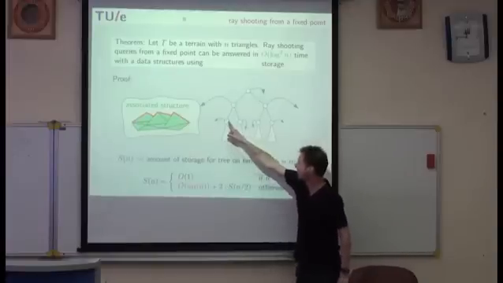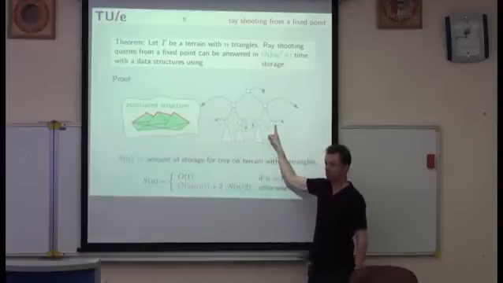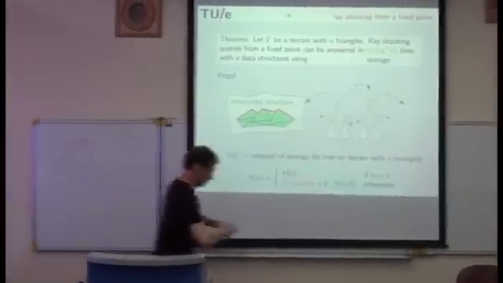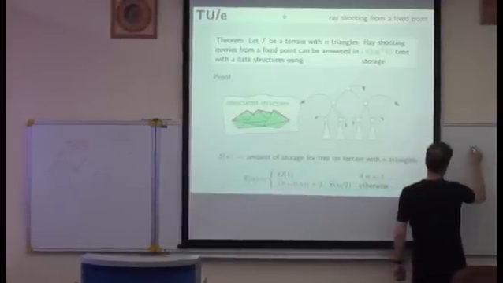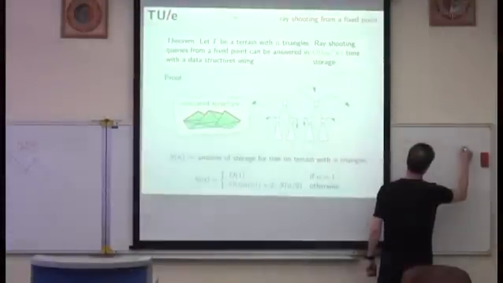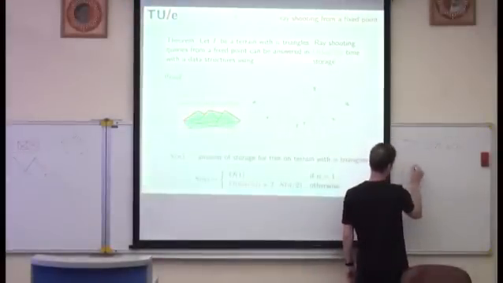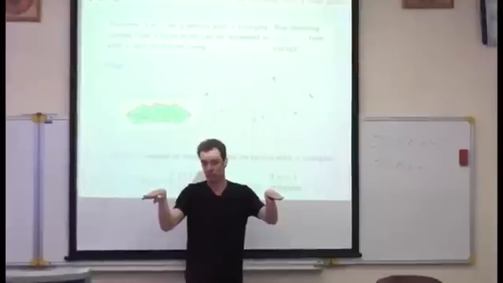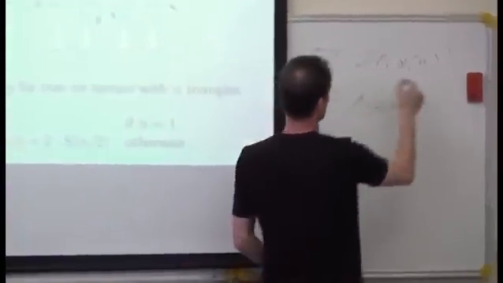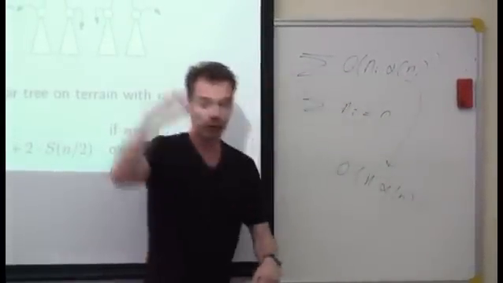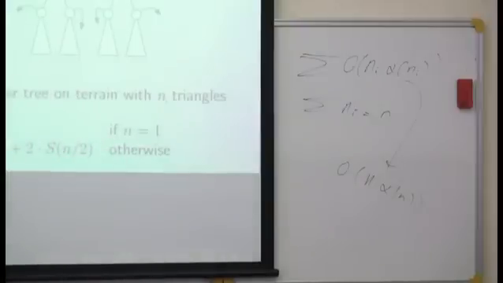So if you sum up the sizes of all these envelopes, you get something like the sum of n_i alpha n_i, and I know that the sum of these n_i over one level is linear, and so this will be n alpha n, and I have log n levels, so that's a different way of doing it.